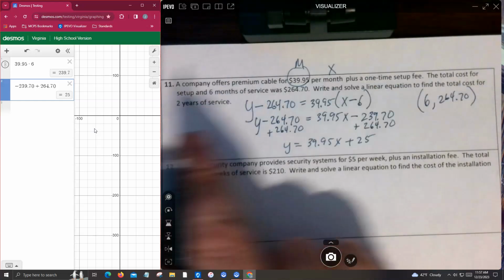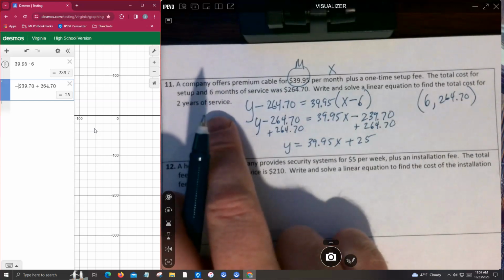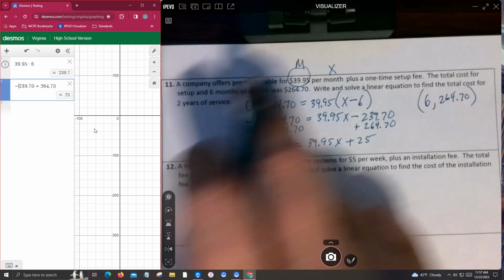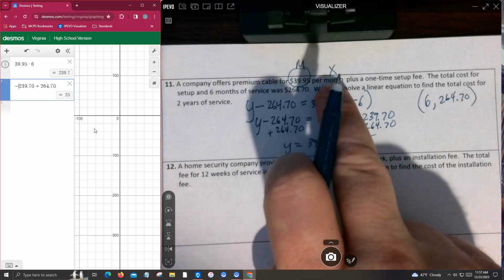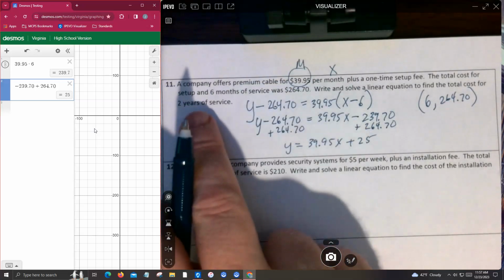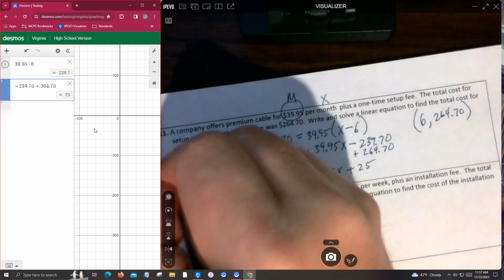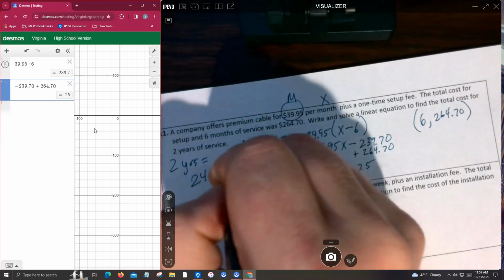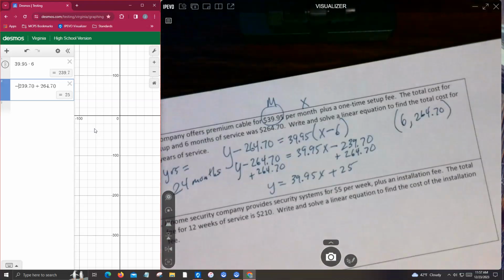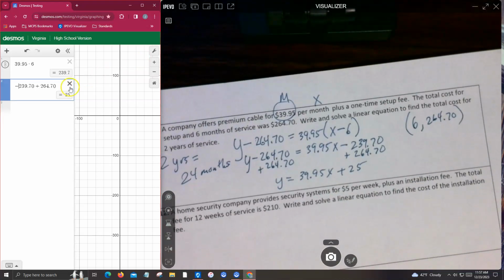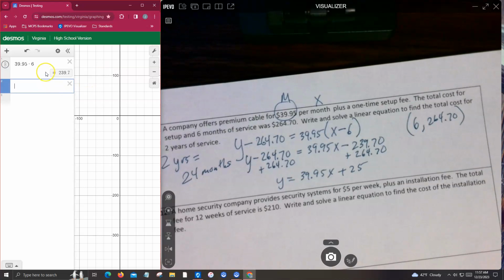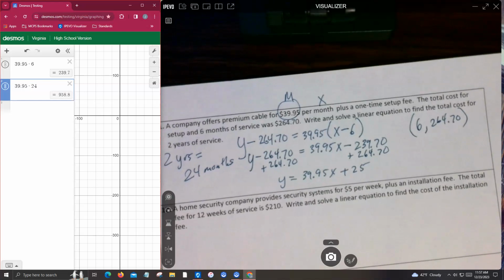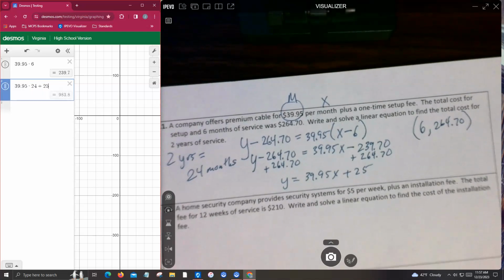But it's asking you what is the cost for 2 years of service. Be careful because this says per month. So how many months are there in 2 years? 2 years equals 24 months. So be careful. All right, so I'm going to put this in there with the 24. 39.95 times 24 plus 25.